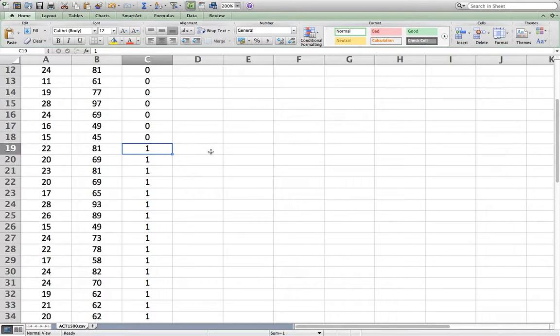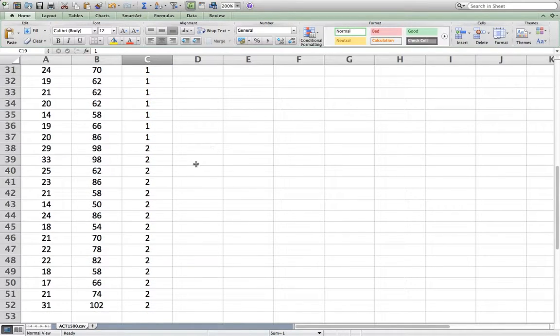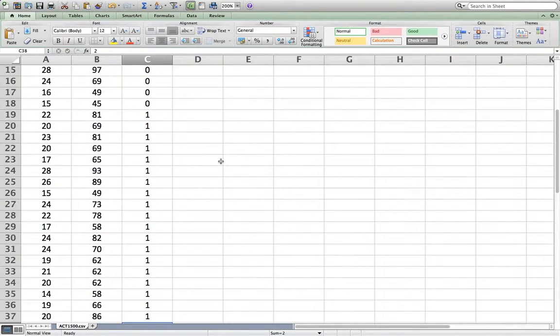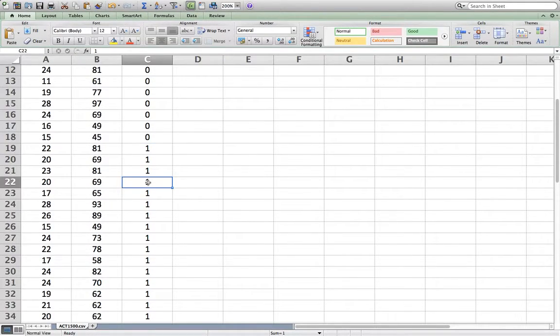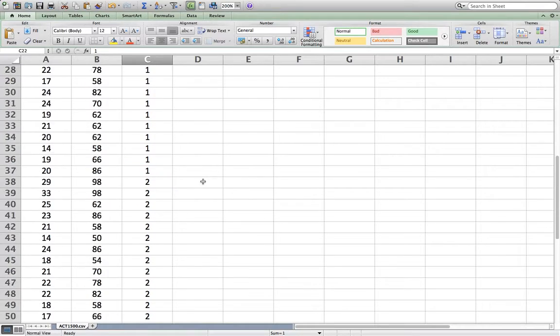Let's say that that's traditional instruction with the use of an online course management system. And let's say that 2 is traditional instruction with the use of an online course management system and implementing R in the statistical analysis. So again, traditional with an online course management system, something like MyStatLab.